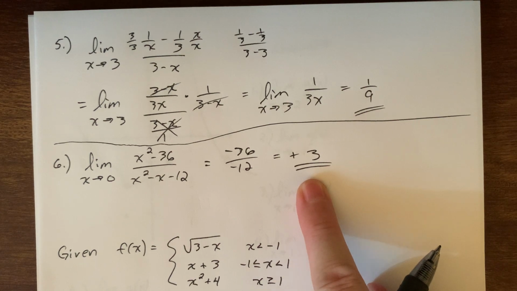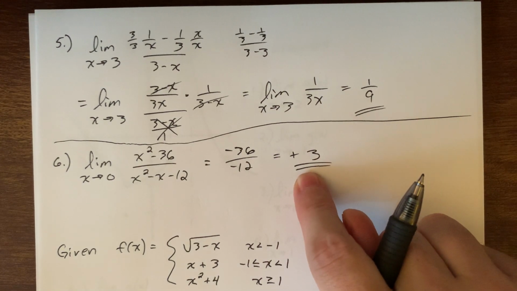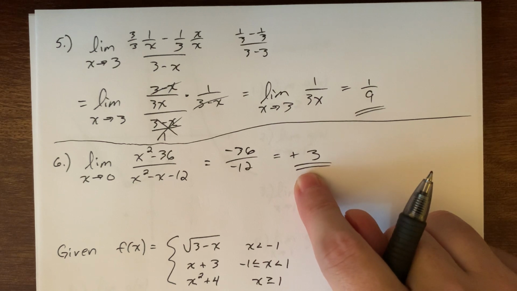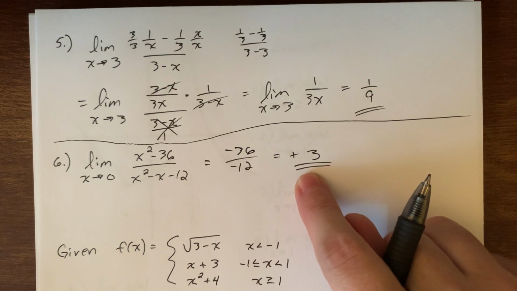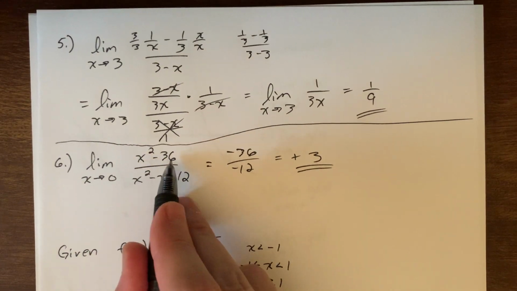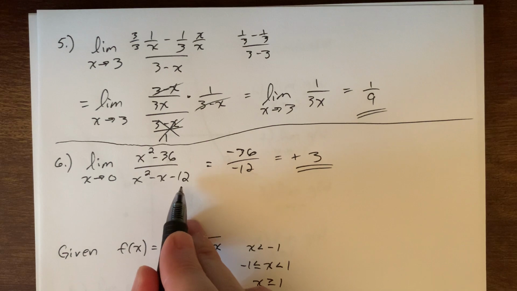So that's what I was saying at the beginning. Even though we are getting so used to dealing with the k over 0, the 0 over 0, by far most of the homework and review problems we've seen have done that, we still want to maintain good habits. We still plug in first. It wouldn't have been terrible, but if you started factoring, this is x minus 6, x plus 6, this is x minus 4, x plus 3.